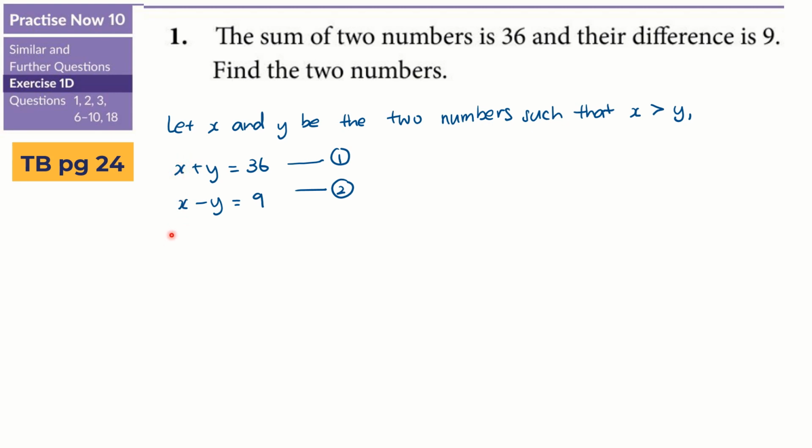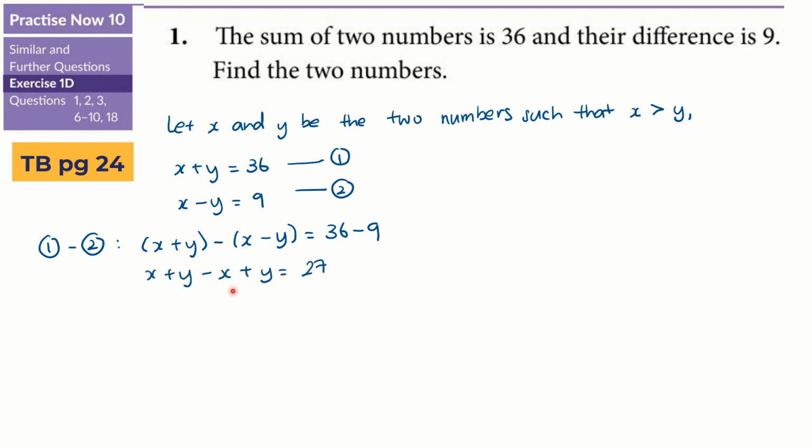So I will take equation 1 minus equation 2, such that I have this over here. (x + y) - (x - y) = 36 - 9. Upon expansion, I will have x + y - x + y = 27, because the minus and minus over here gives us a plus.